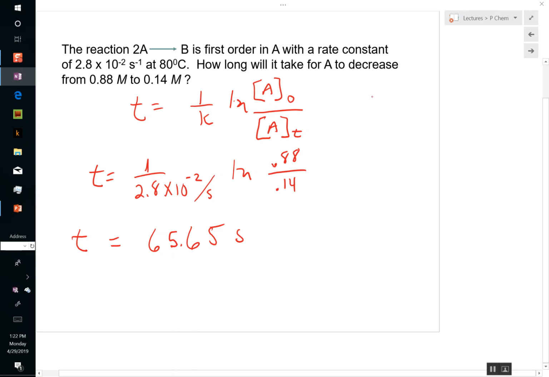And all we did was take this and we flipped this.